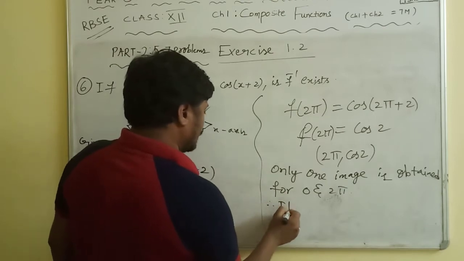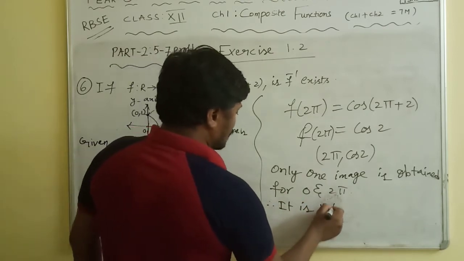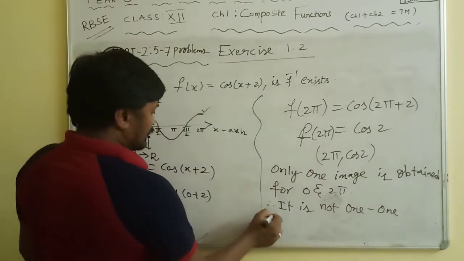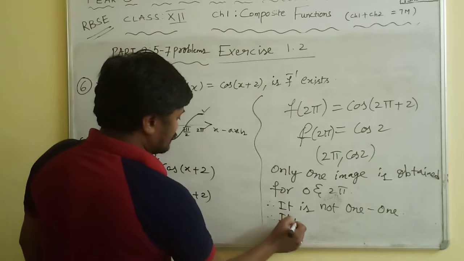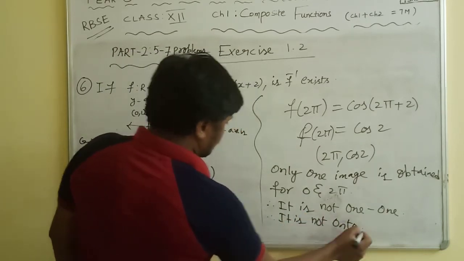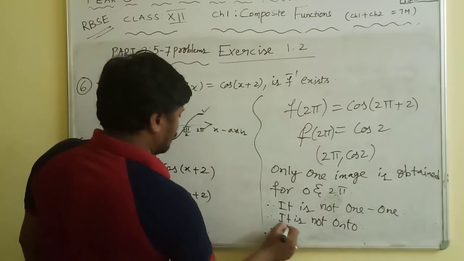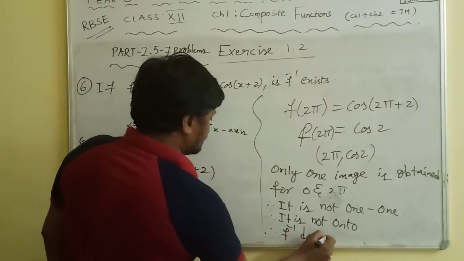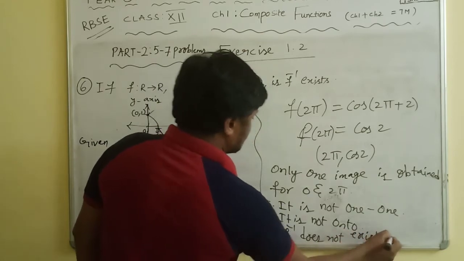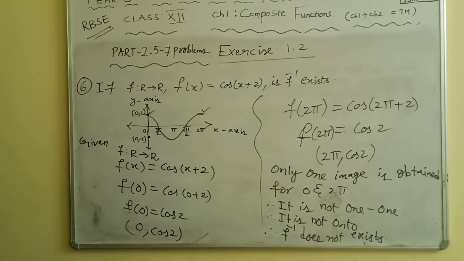Therefore, it is not one to one. Therefore, it is not onto. Therefore, F inverse does not exist, because only when a function is a bijection is it possible for the inverse to exist, otherwise it is not going to exist. This is about your sixth problem.